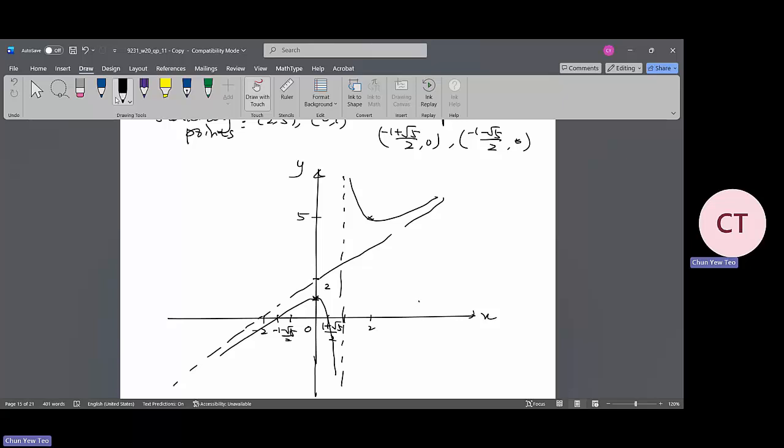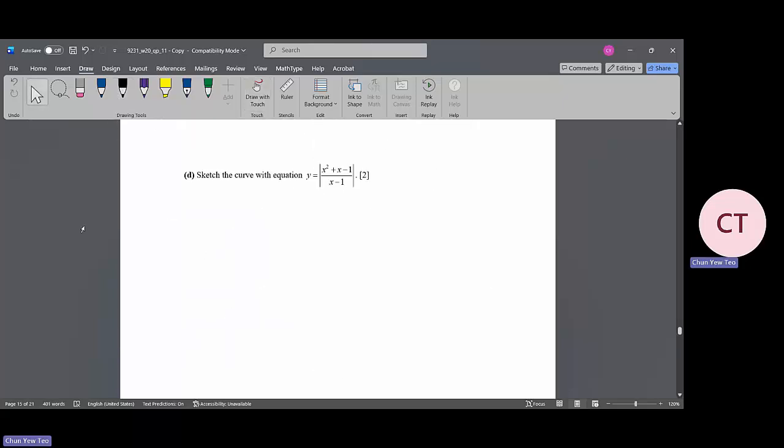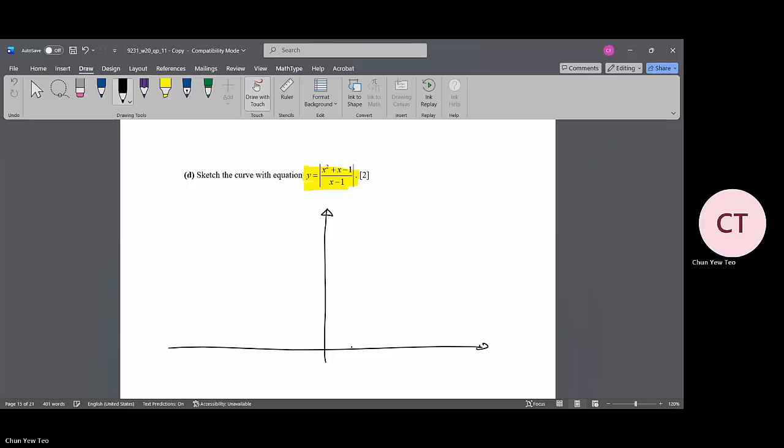Now we move on to question number 6D. We want to sketch the equation of a curve with y equal to the modulus of the function that we drew just now. So for modulus, actually, anything that is below the x-axis will be reflected. So we have a vertical asymptote.